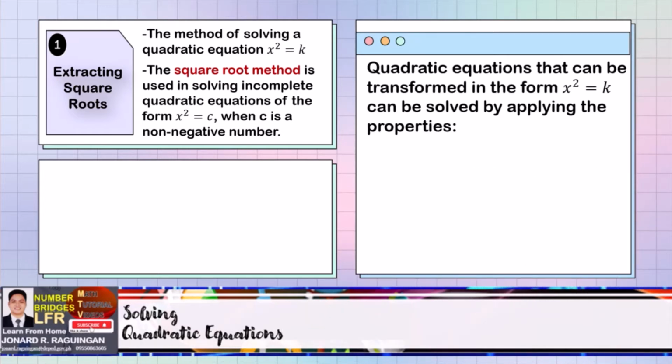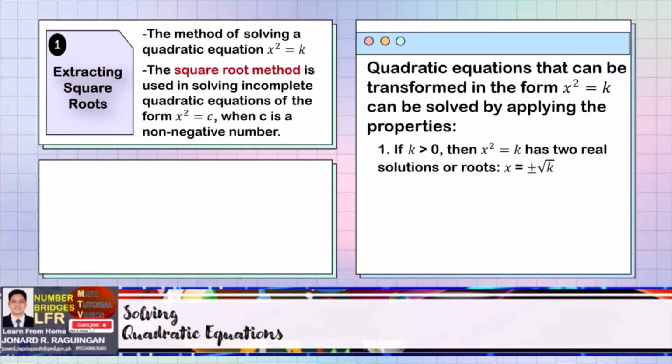Quadratic equations that can be transformed in the form x raised to 2 is equal to k can be solved by applying the properties. Number 1, if k is greater than 0, then x squared is equal to k has two real solutions or roots.